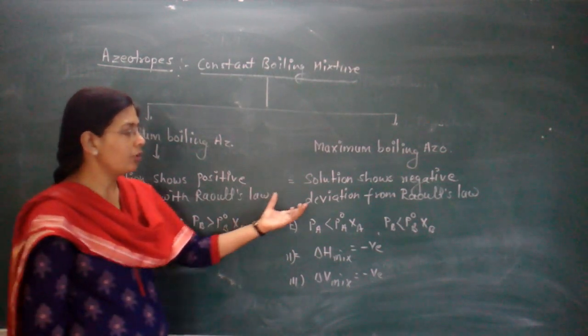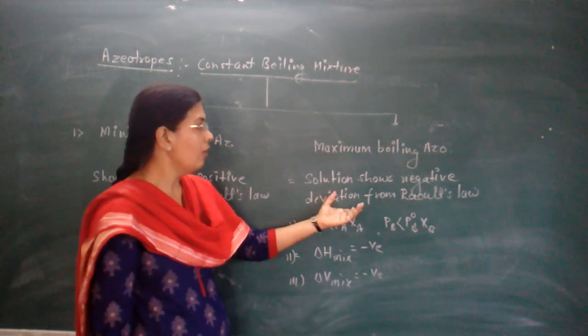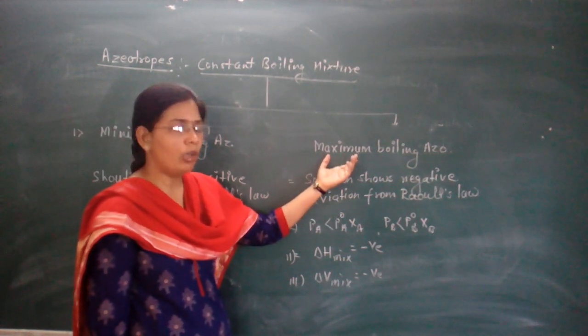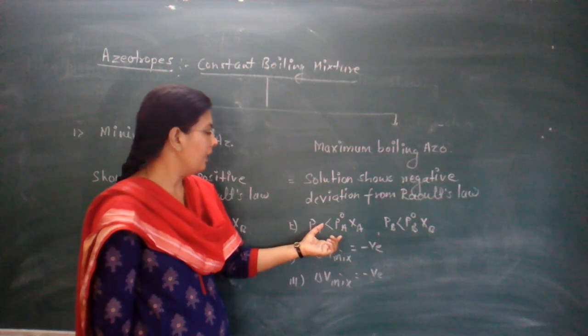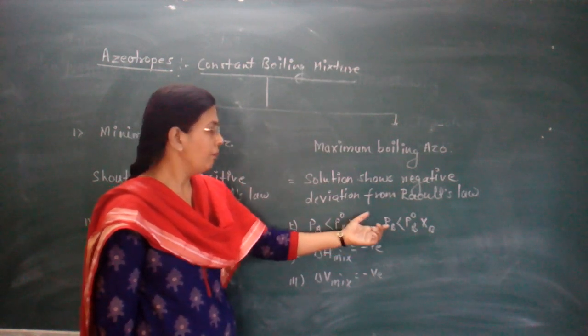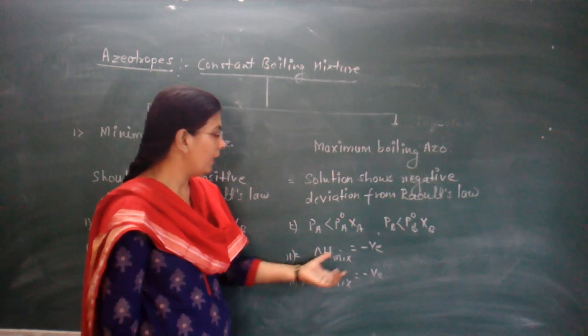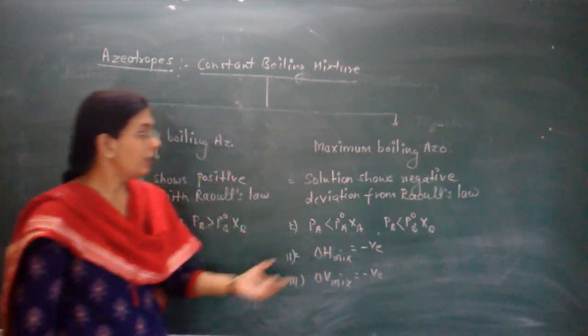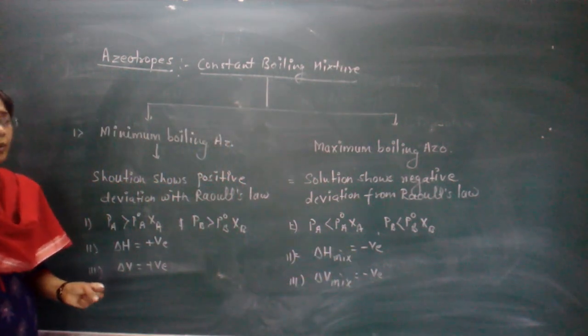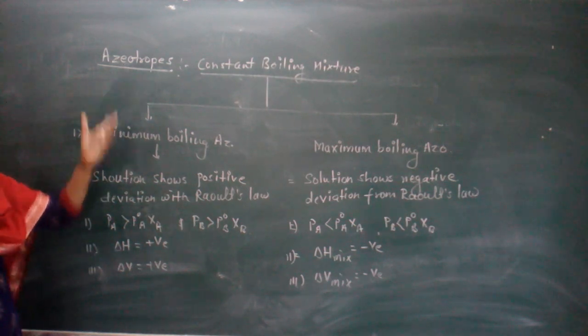And the solution which shows negative deviation from Raoult's law forms the maximum boiling azeotropes, that is PA is less than P naught A XA, PB is less than P naught B XB. There is a decrease in volume and enthalpy both, and it forms maximum boiling azeotropic mixture. So these are the azeotropic mixtures.